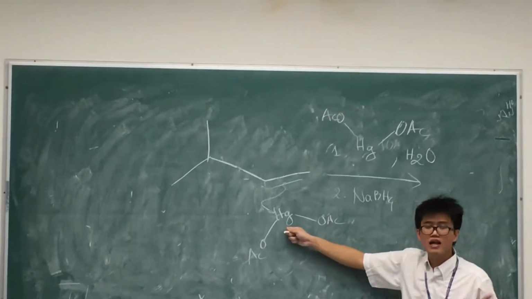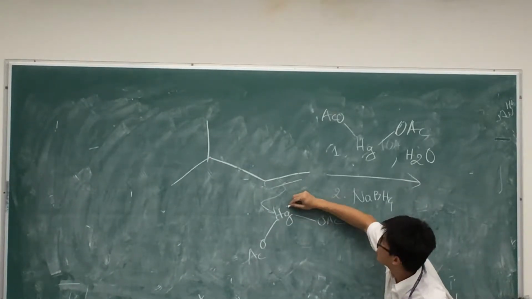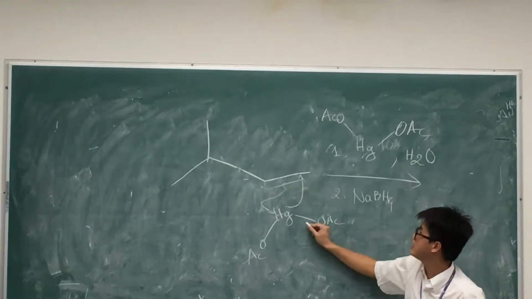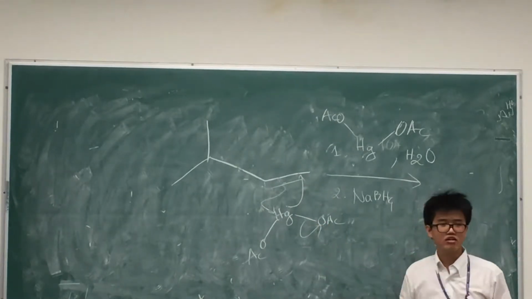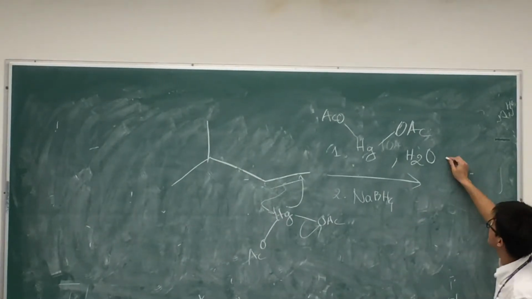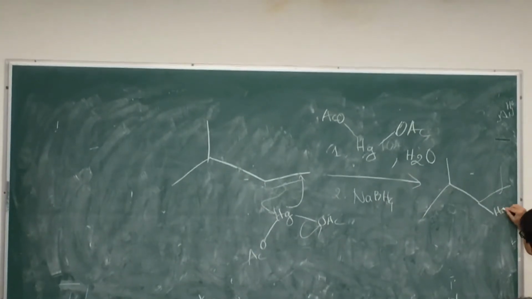And at the same time, like bromine, it also has electrons, so they can give back to the ring, to the alkene, and kick this one out. Does it look familiar? And do you know what it forms? Mercurinium ion.